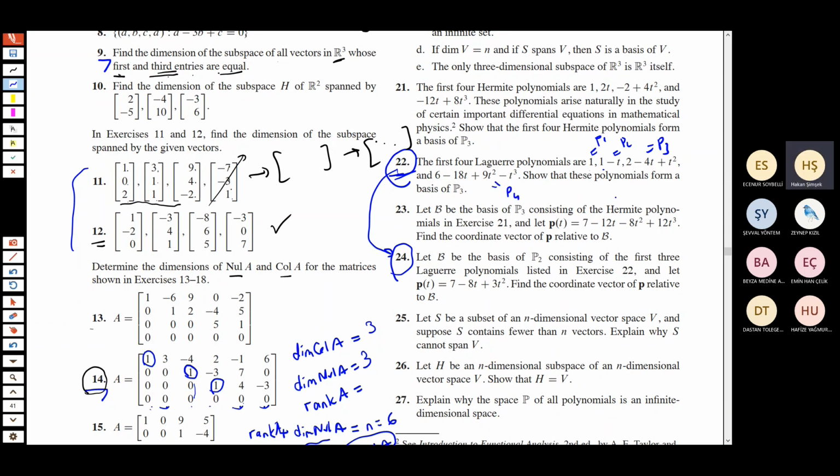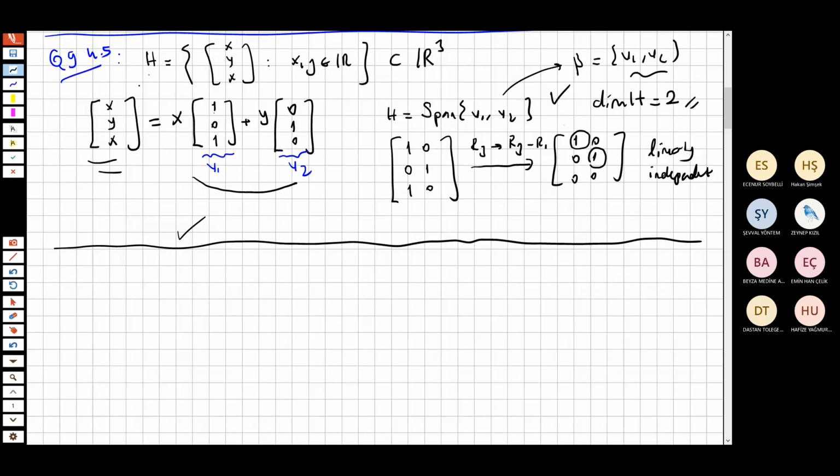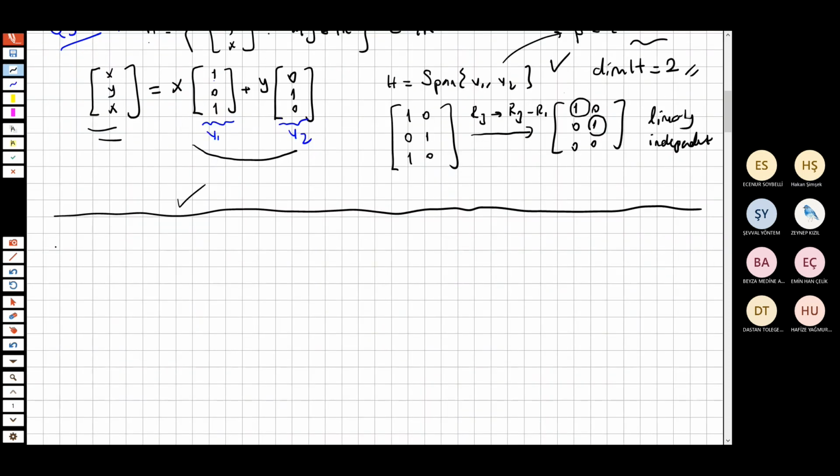Show that these polynomials form a basis of the polynomial space of degree at most 3. How can we show that they form a basis? Let's see. Question 22, section 4.5.